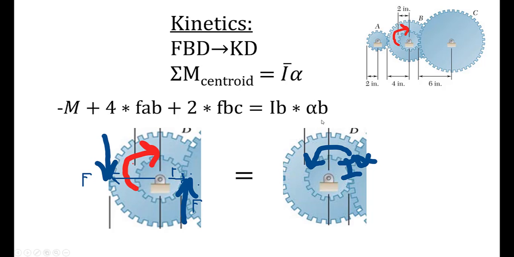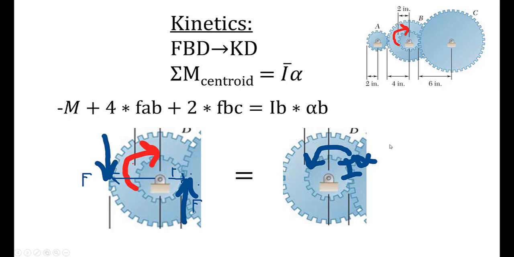Okay, so that's the other kind of tricky part. I'm only worrying about which direction the moment is going, and the sign for which way B is accelerating. This will fall out of solving all of those equations and unknowns.